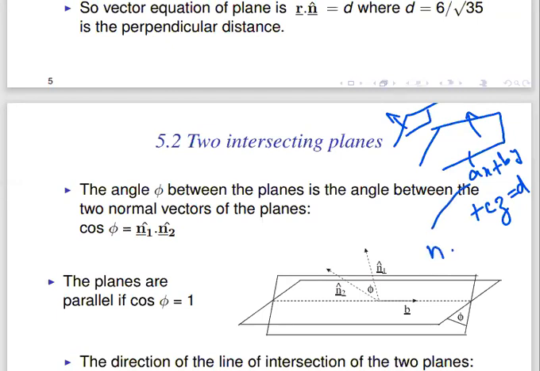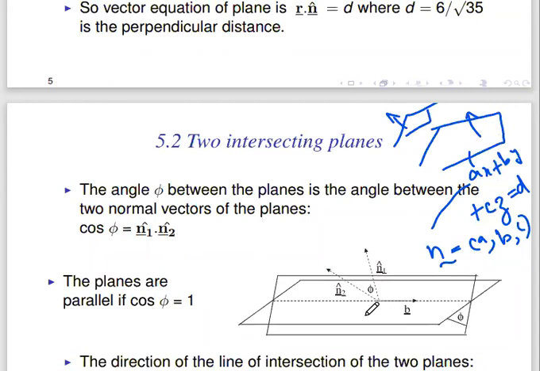The normal vector to this plane, if you like, you can write in that form, the vector (a, b, c). This vector is always perpendicular to this plane.